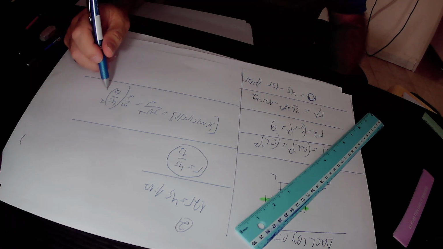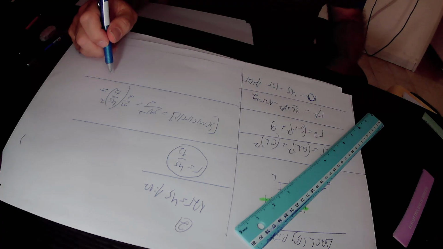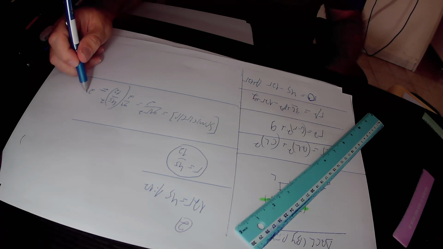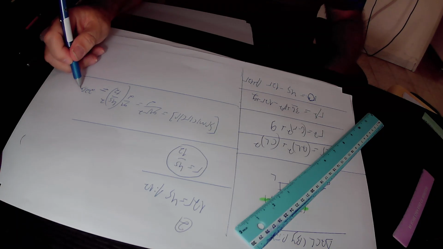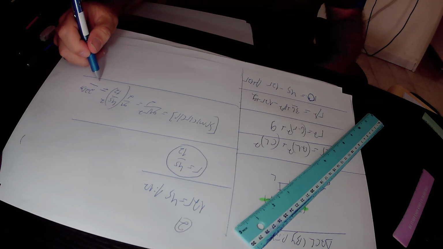So the value of this expression in total is equal to 225 pi over 32.